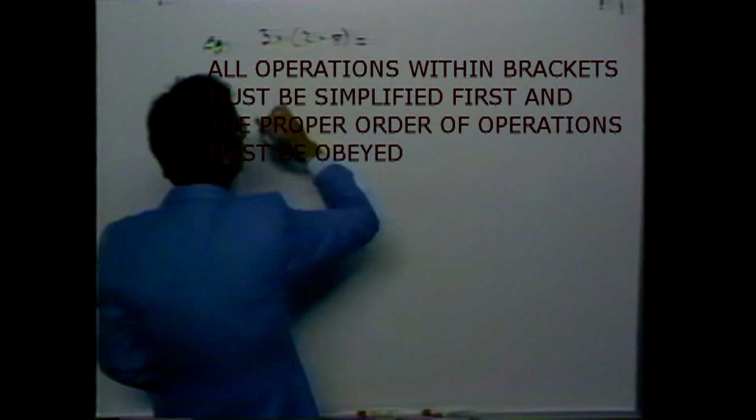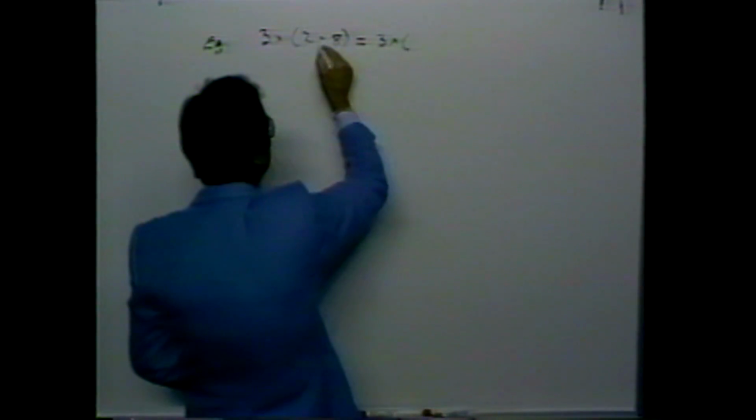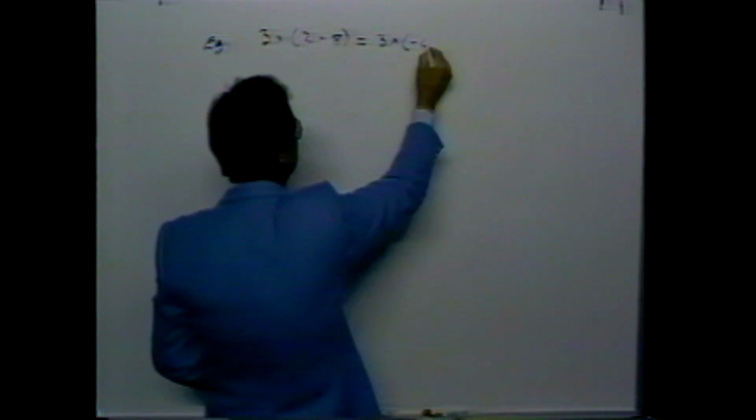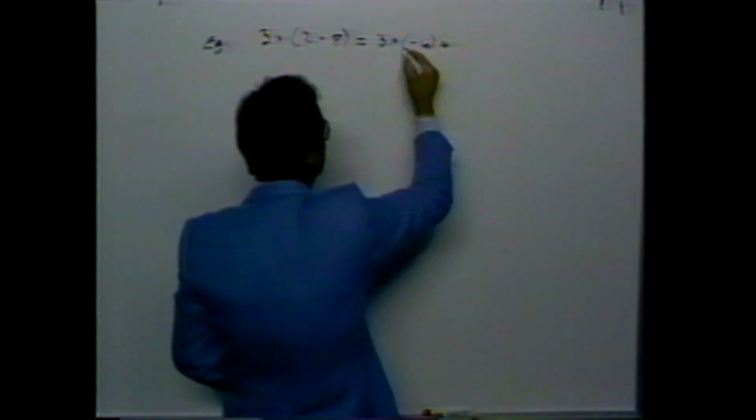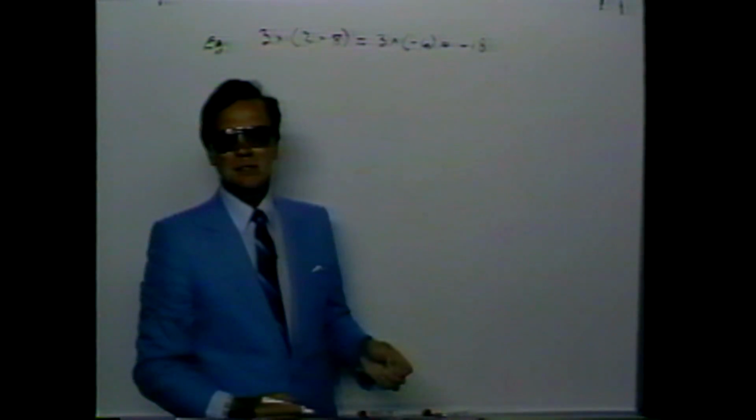Consequently, we would write this as 3 multiplied by minus 6. And finally, minus 18.